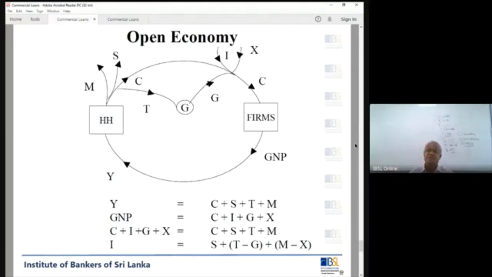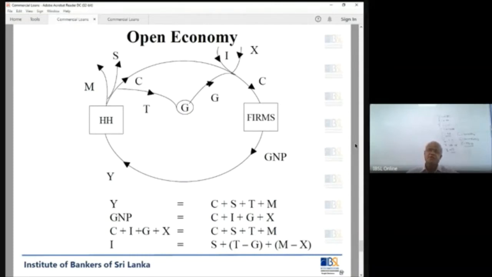This is the identity. If government savings are negative, the private sector doesn't have enough funds. If foreign savings are negative, the private sector doesn't have enough funds. If household savings are low, we don't have enough funds for investments.